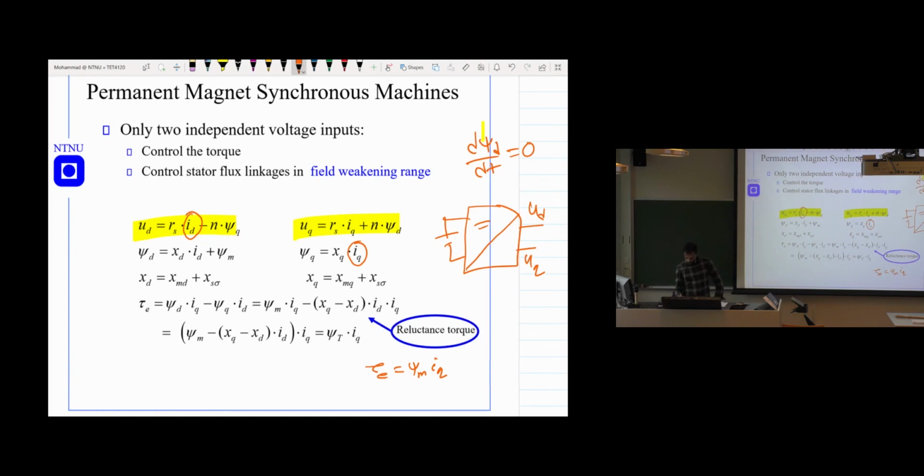If we know what torque we want, then we can get the IQ reference, which is the torque reference divided by the magnetic flux. That's how we can control this part. And there are some cases when you need field weakening, and we'll discuss what field weakening is. During field weakening, we also need to control this part to provide a negative D-axis current.